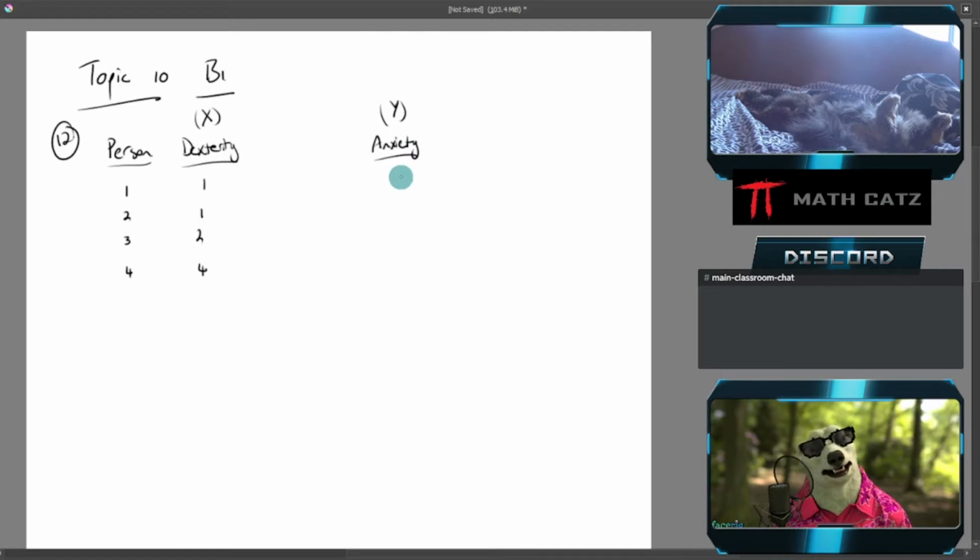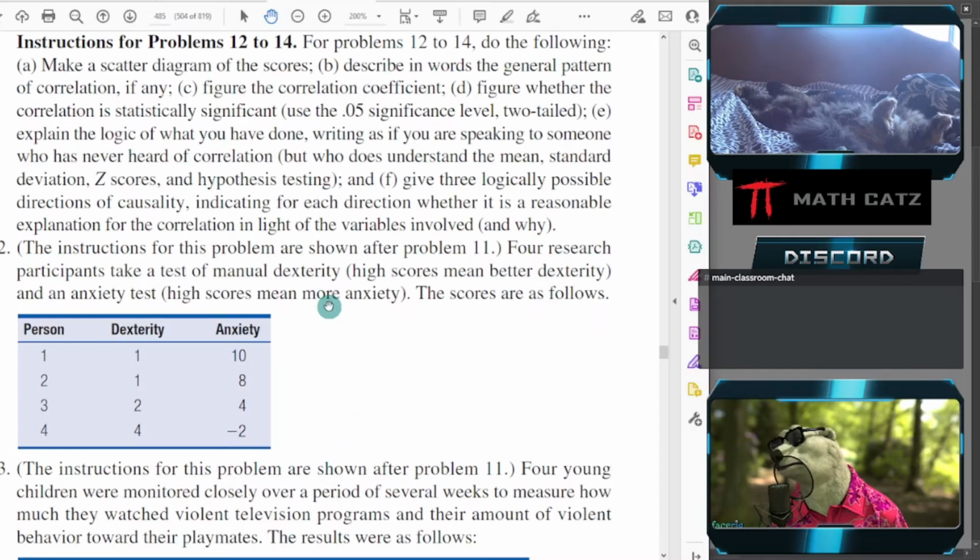And the scores we got there were 10, 8, and so on. I have my notes here, so I don't have to flip back and forth between the problem information, but you see there I just copied these down like so.